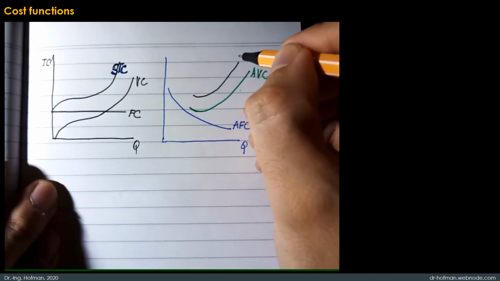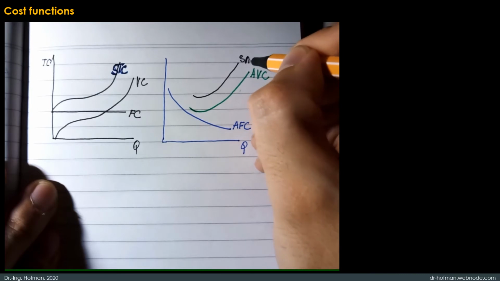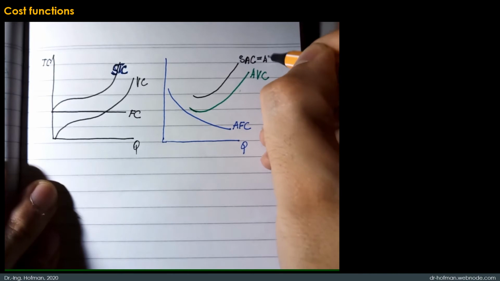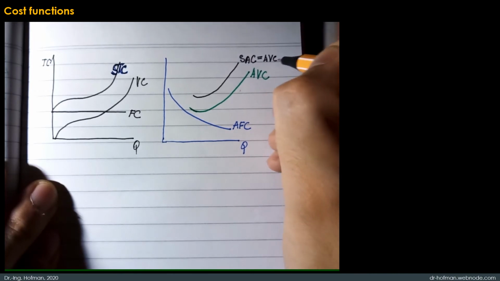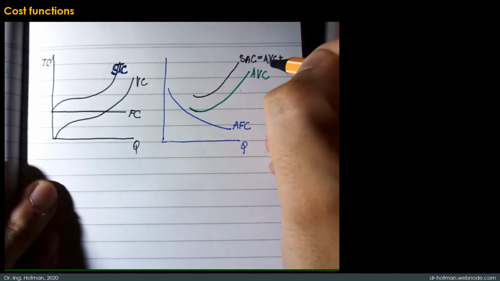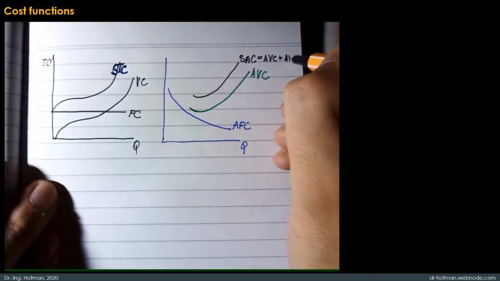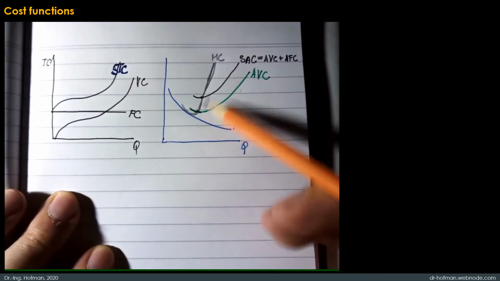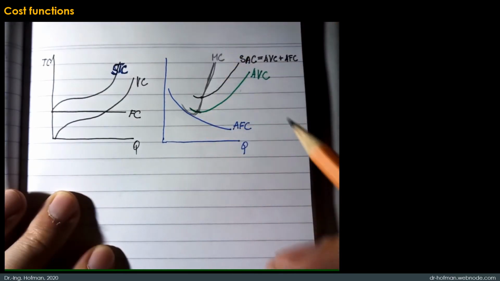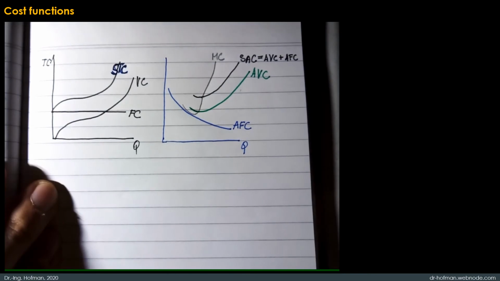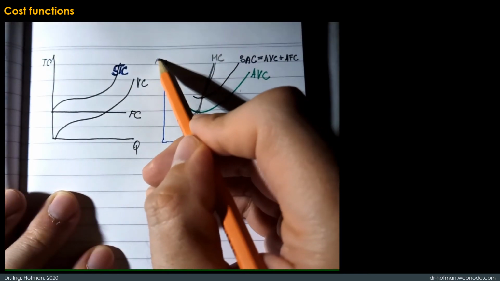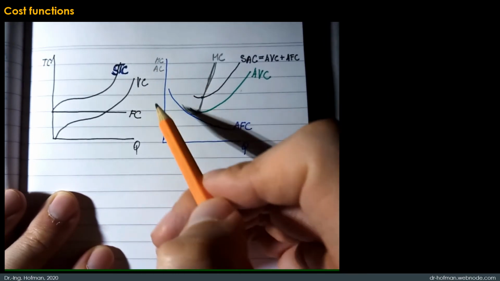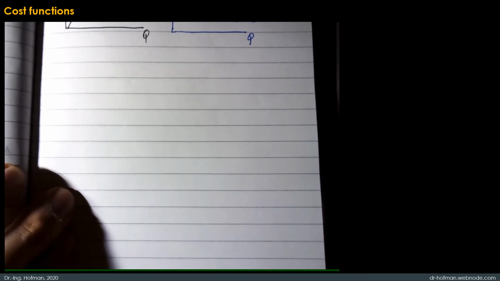And we can also draw short run average cost. They are the sum of average variable cost and average fixed cost. If you also add the marginal cost curve, it looks like that. So we can write MC and AC, marginal and average costs, on the y-axis.